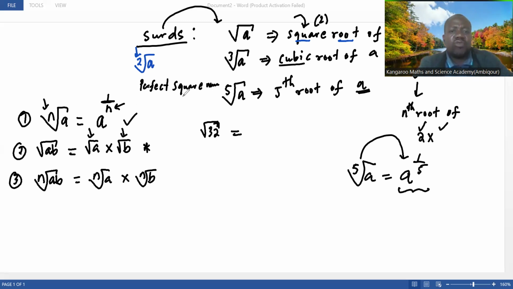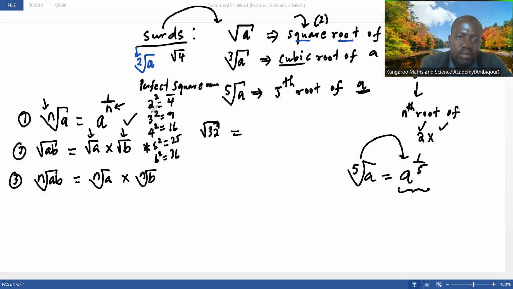The perfect square numbers we are referring to are 2 squared, 3 squared, 4 squared, 5 squared, 6 squared, and so on. So this is 4, 9, 16, 25, 36. These are perfect square numbers, so that if we were to put a square root here, we know the square root of 4 would just be 2. Square root of 9 would be 3. So it's very important when we are solving this, you must use perfect square numbers.